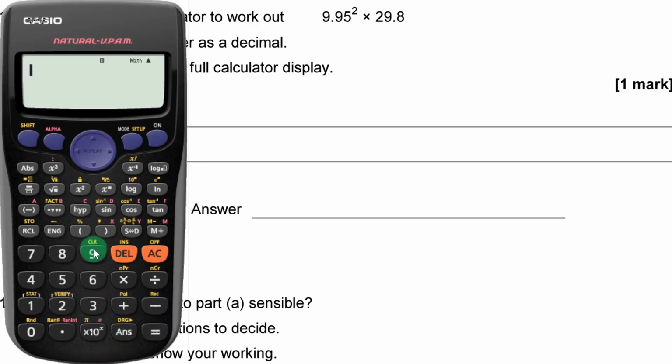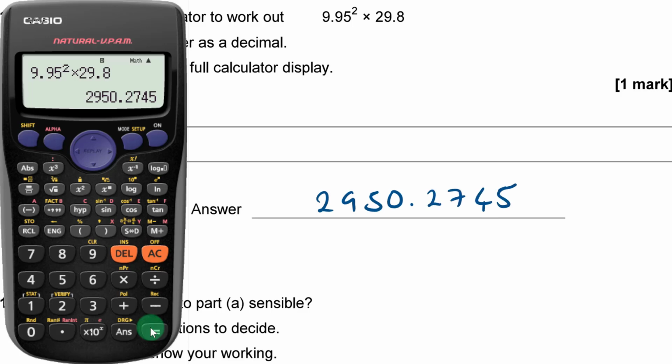So 9.95 squared times 29.8 equals. Write down your full calculator display. So 2950.2745. Okay, that's what I got.